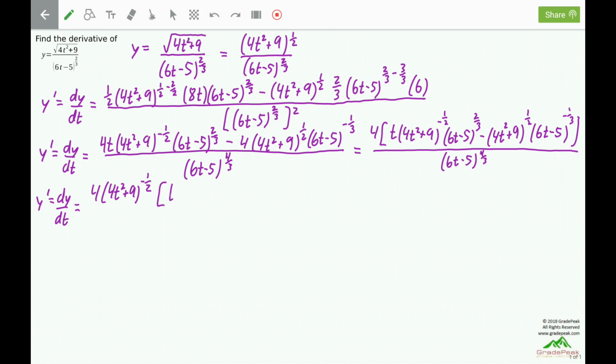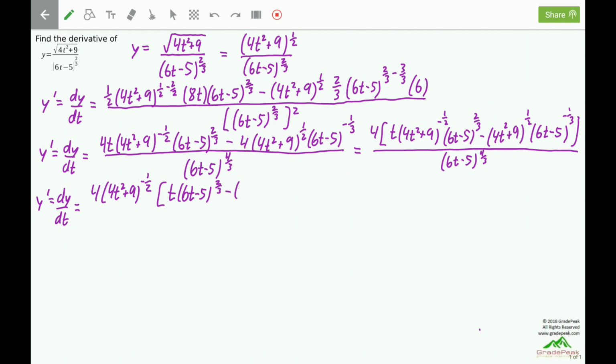So that will leave us for the first term, we will have a t. All this is going to be removed here, and that's going to become a 1, is what I showed overall. So there's what we should have left. So we have a t times a 6t minus 5 to the 2/3.